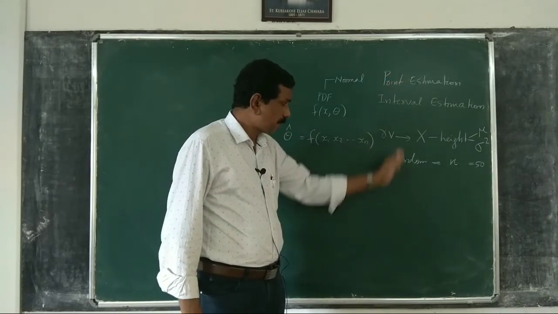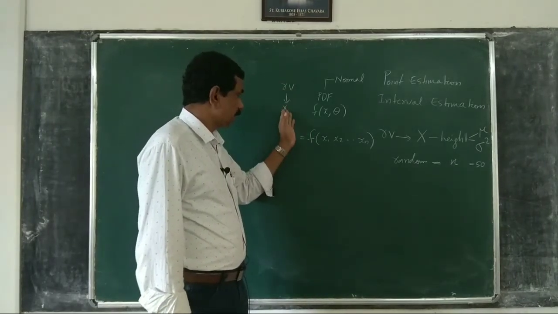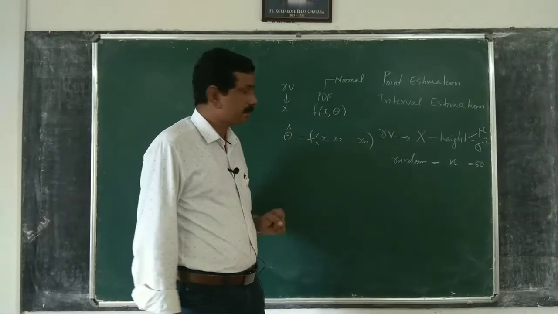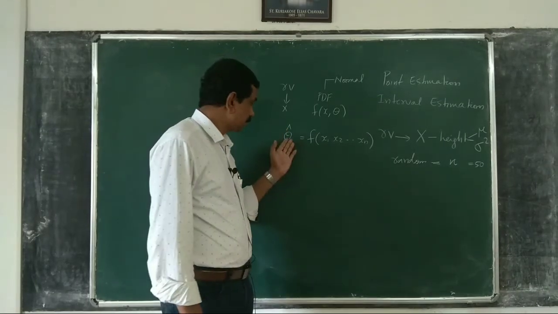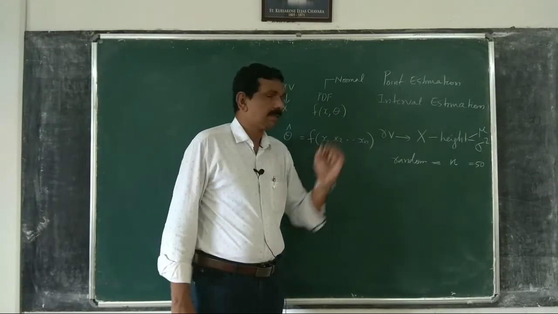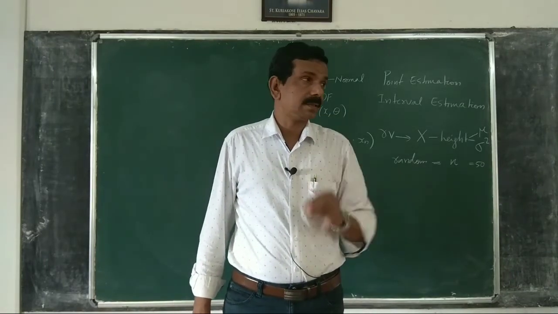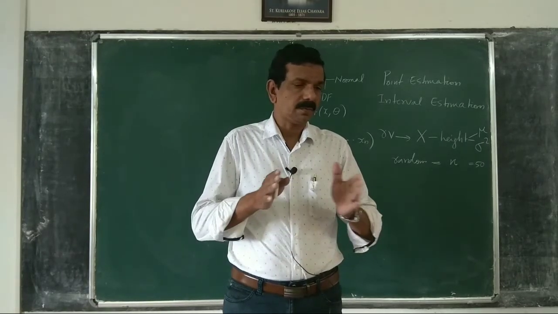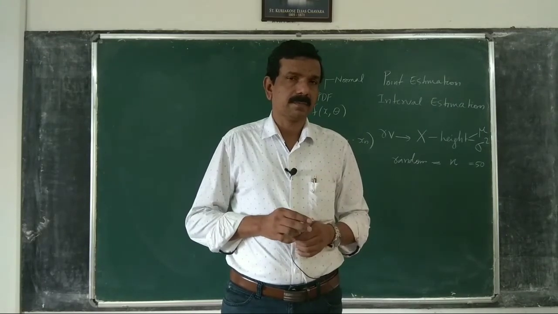So in the case of point estimation, the procedure is we have a known population with a PDF with an unknown parameter theta. We take a random sample of size n from this population and we develop a function of these sample values. And we call this function the estimator of the unknown parameter theta. It is a rule or formula which tells us how to estimate a population parameter.